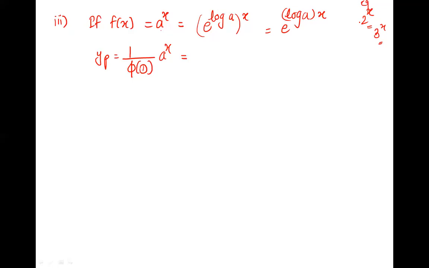As these two are multiplying, that minus can come here: minus log A into x. So for a raised to minus x, we can write e raised to minus log A x. So the particular integral in this case is 1 upon phi D into the function a raised to minus x. But what is a raised to minus x? It is e raised to minus log A x.